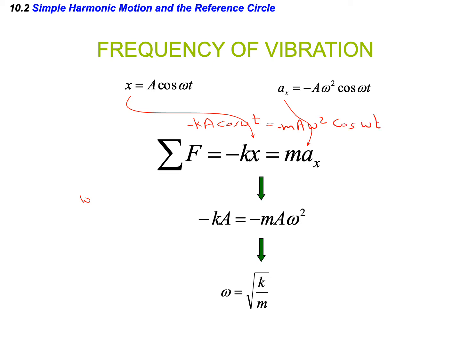There are several things you can cancel in this equation. Cosine omega t cancels, the negative cancels, so you have kA equals mA omega squared. A also cancels because it's common to both sides. So omega squared equals k over m, and the square root of k over m is omega. This is the frequency of vibration.